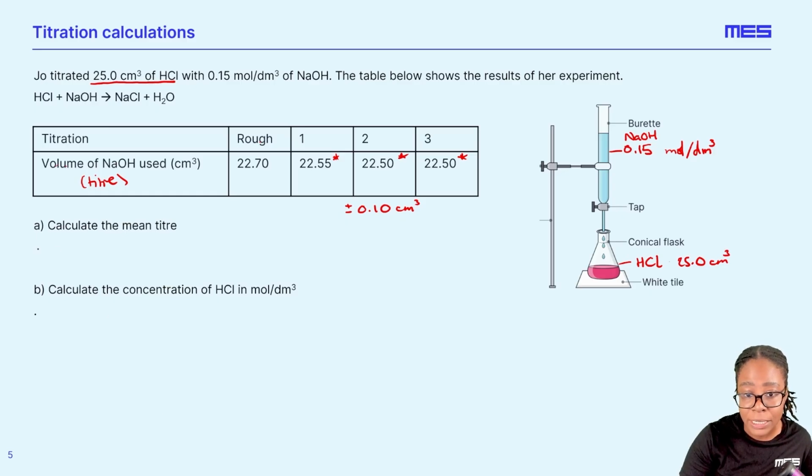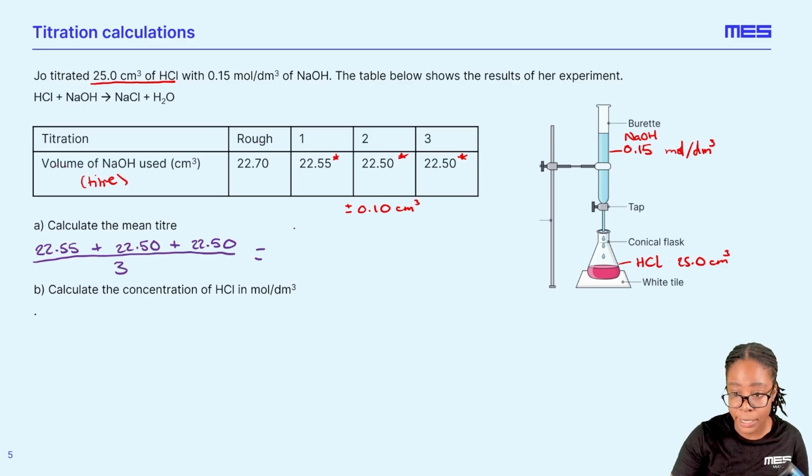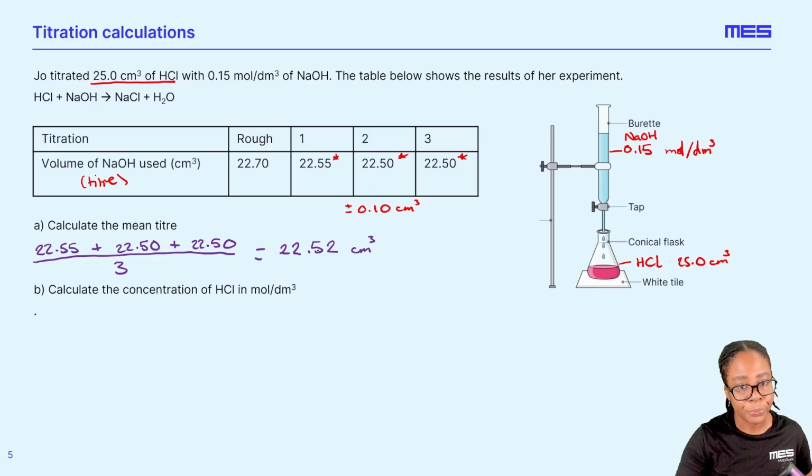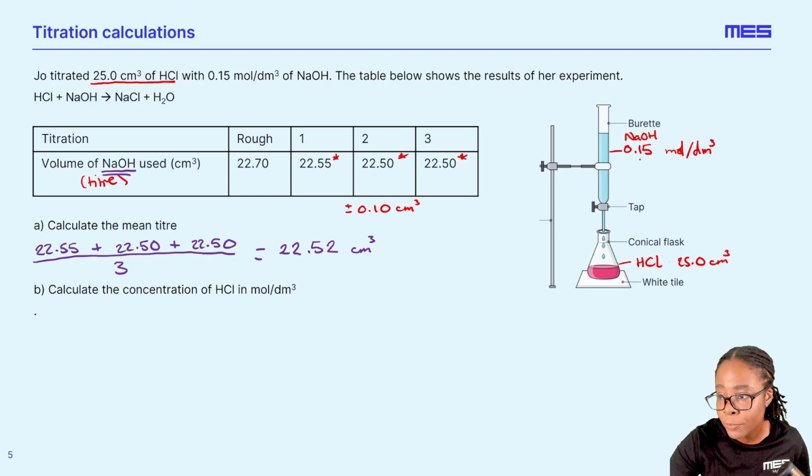So to calculate the mean titer, 22.55 plus 22.50 plus 22.50 divided by 3 gives us a mean titer of 22.52 centimeters cubed. That is now telling us the volume of sodium hydroxide that was needed to react with 25 centimeters cubed of HCl. So now we know the volume of that as well.